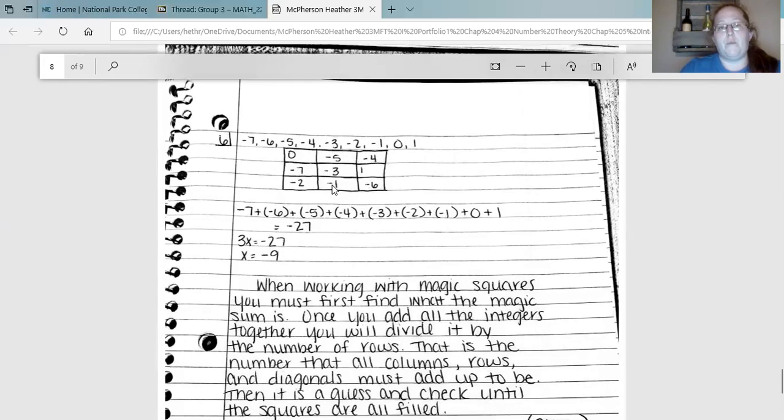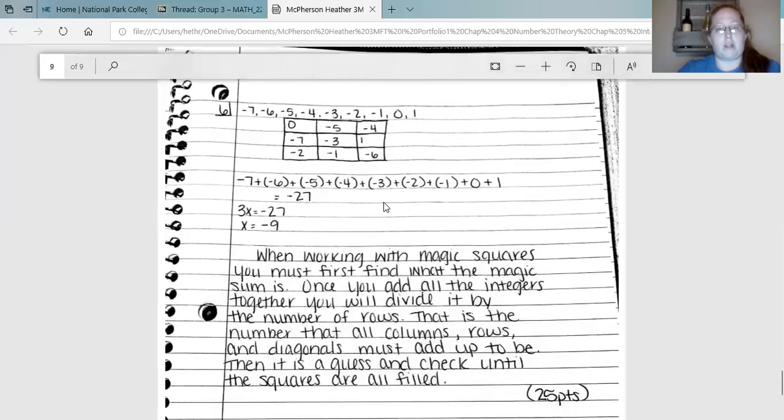And -2 plus -1 plus -6 equals -9. And don't forget your diagonals, they also have to equal -9. But once you figure out what those answers are, your magic square is complete and you can continue.